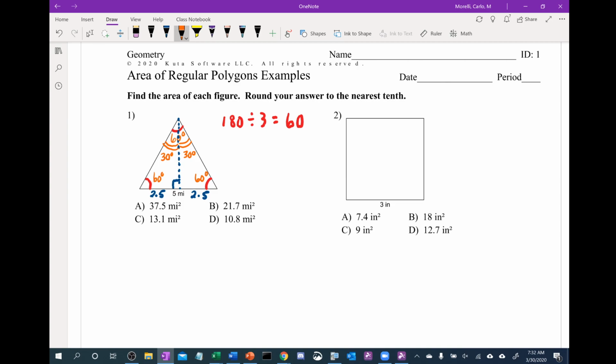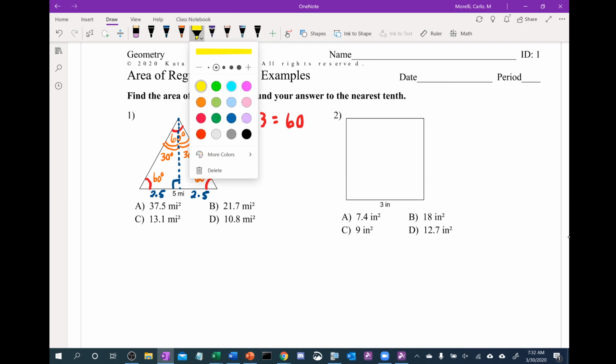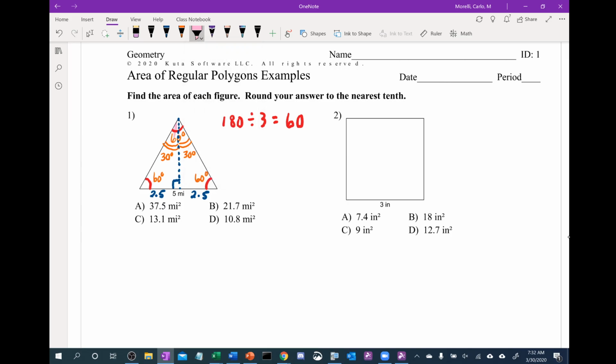Okay, so think about it like this. You have two smaller triangles that each look like this shaded triangle here. And so what we need to do is find the area of one of these small triangles and then just multiply it by 2. Okay?